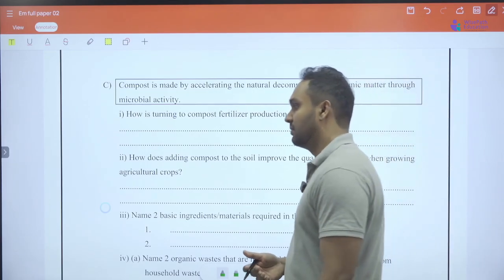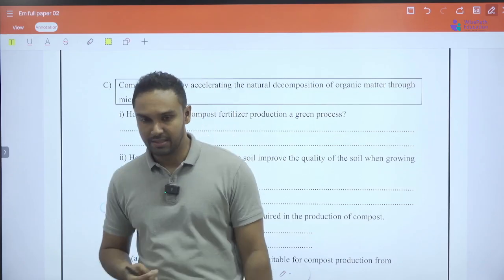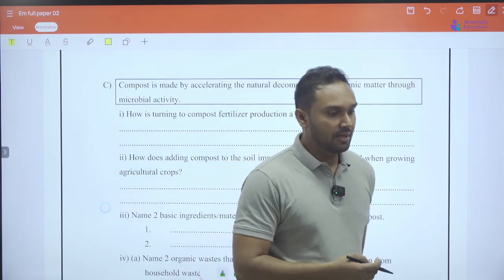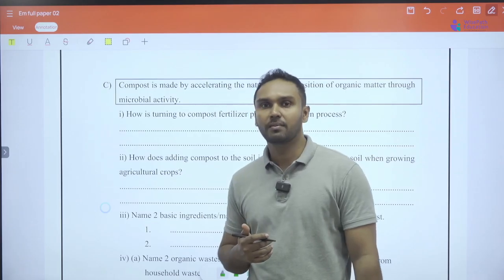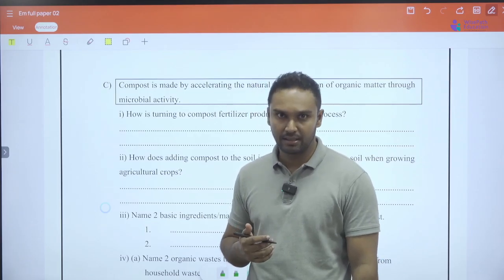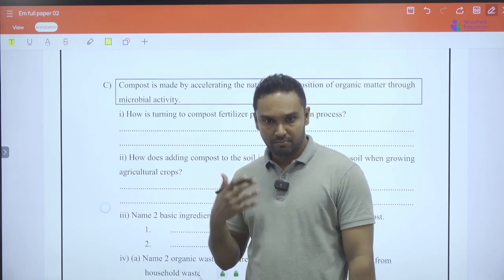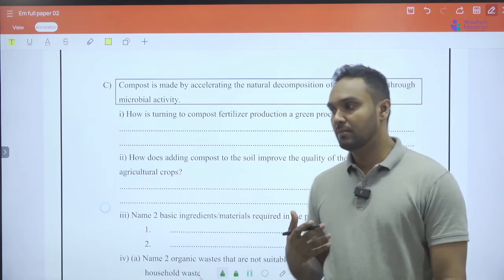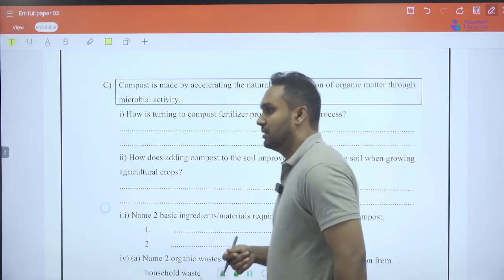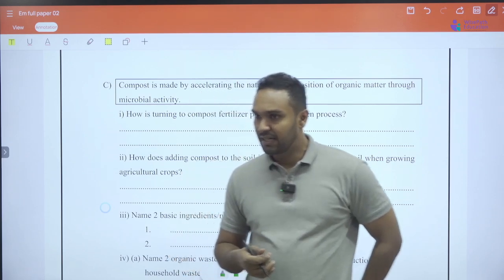The other main thing is that none of the products or byproducts will get accumulated in any of the spheres.